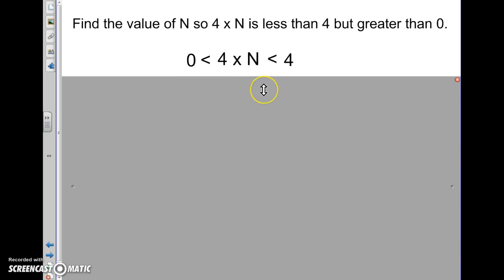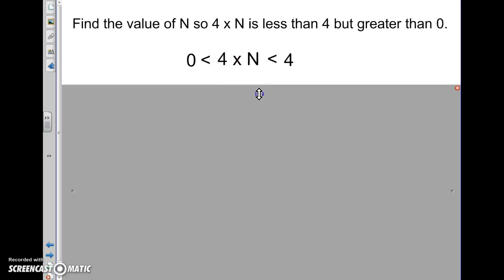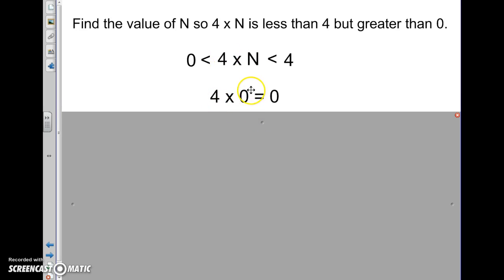So what we really want to do here is separate this variable, because we know that if I have 4 times 0, that's going to give me 0. So n can't be 0, because then that would make 4 times n equal 0, and 0 is not greater than 0.